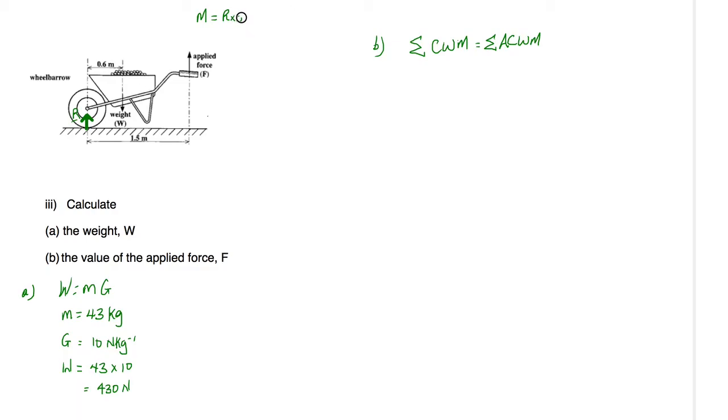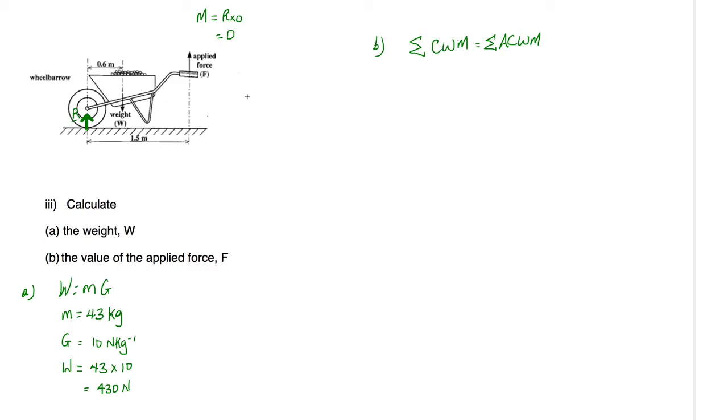So the moment due to R is 0. So in taking moments about R, we literally eliminate the moment due to R. And then we are left with moment due to the weight and moments due to the applied force.